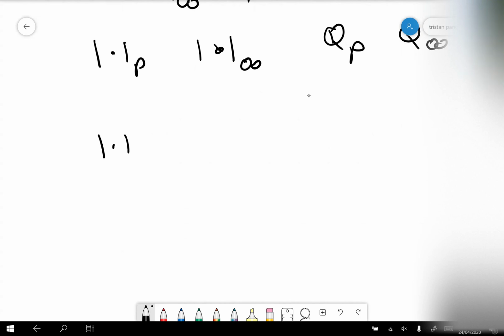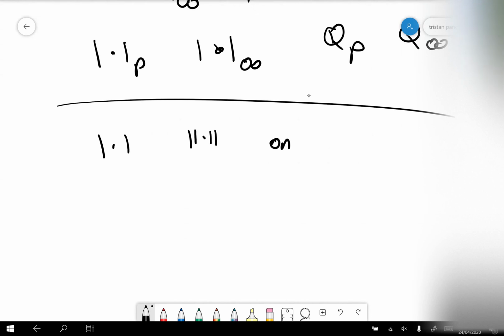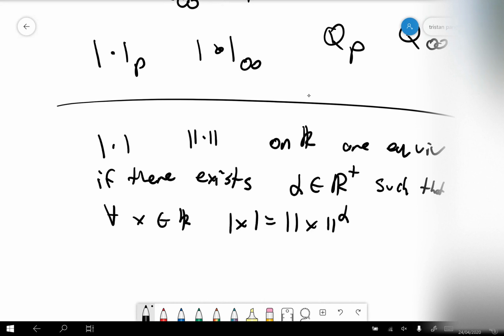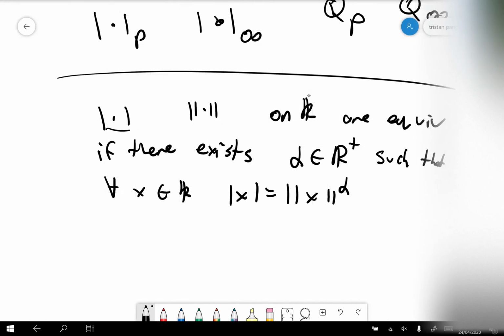A first absolute value and a second absolute value on the field are equivalent if there exists an alpha in the positive real numbers such that for all x inside the field, the norm of x under the first absolute value is the norm of x under the second absolute value to the power of some number.